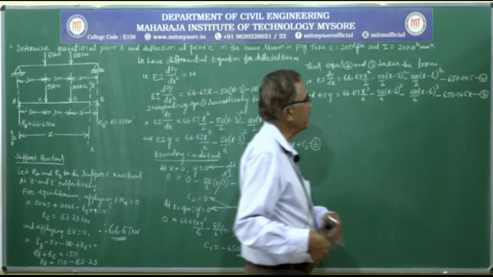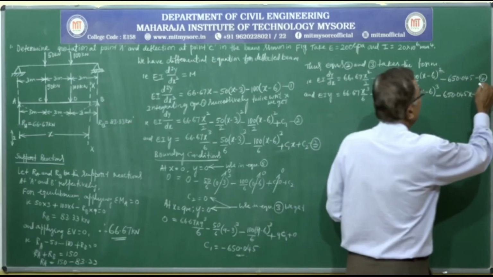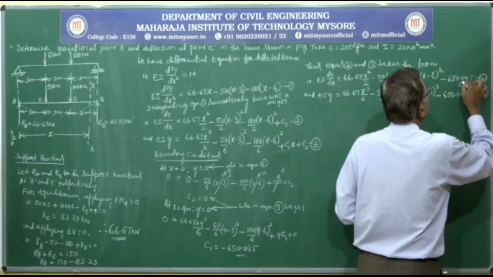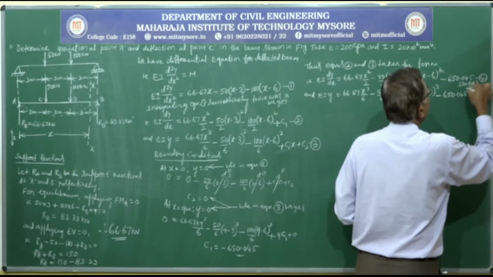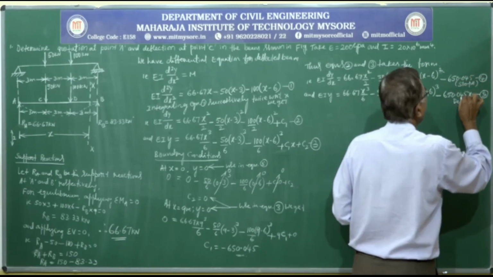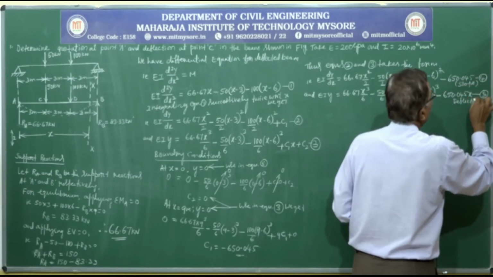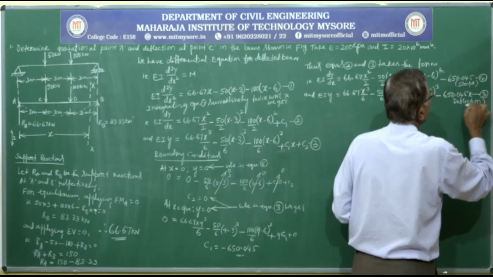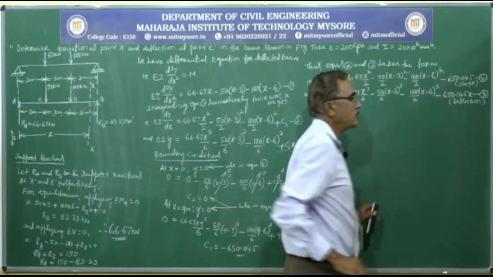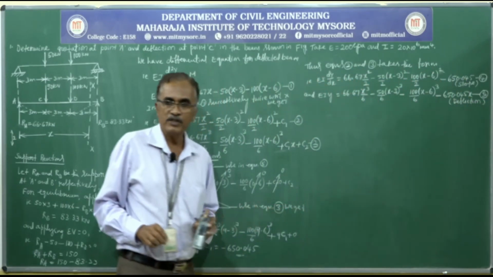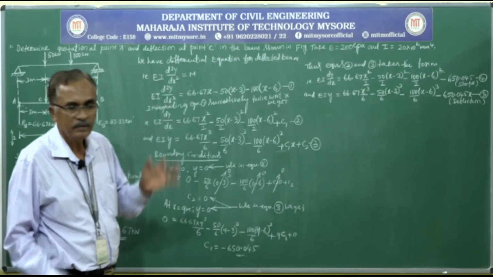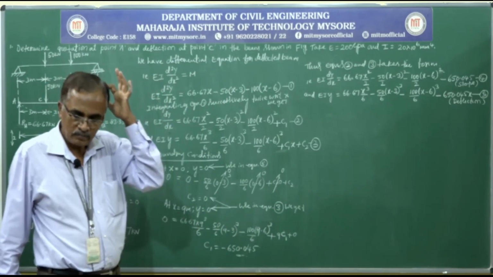So here itself, if you want, you can write it. This is the slope equation and this is the deflection. So equation 4 is a slope equation and equation 5 is a deflection equation.